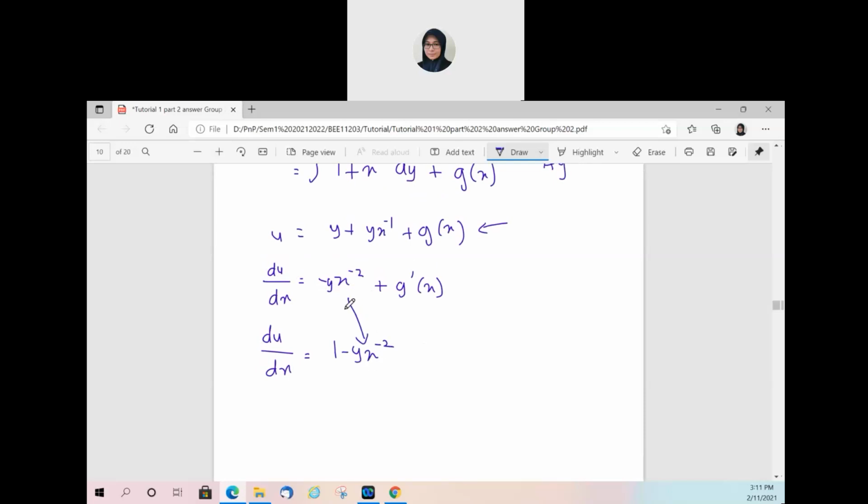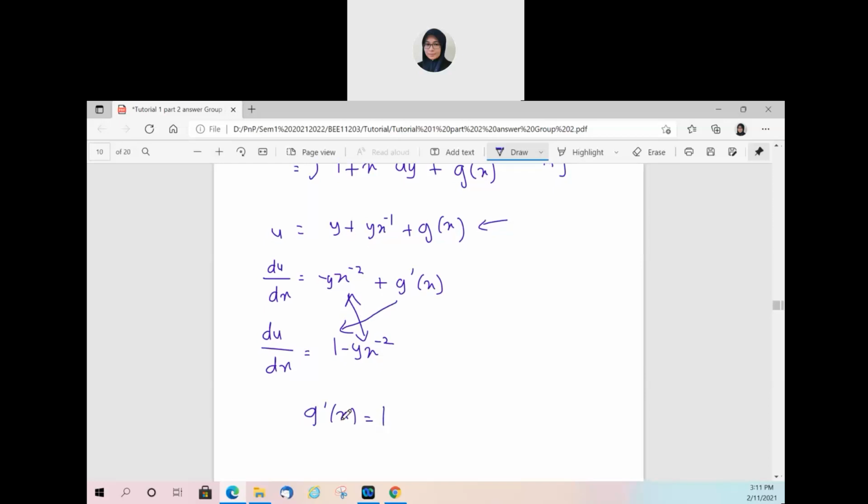We compare these two equations. We have minus y x minus 2 here and minus y x minus 2 here. Then g prime x equals to 1. So g prime x equals to 1.